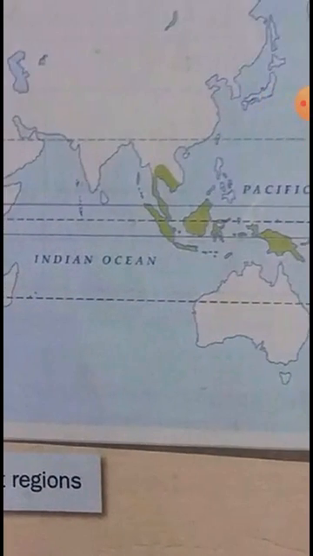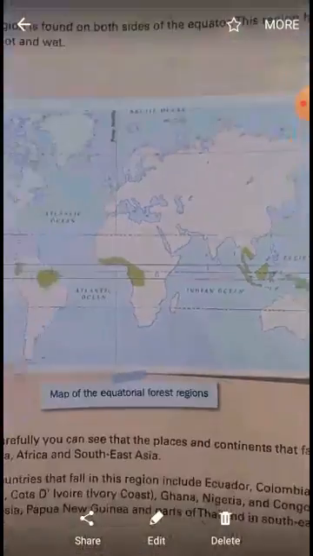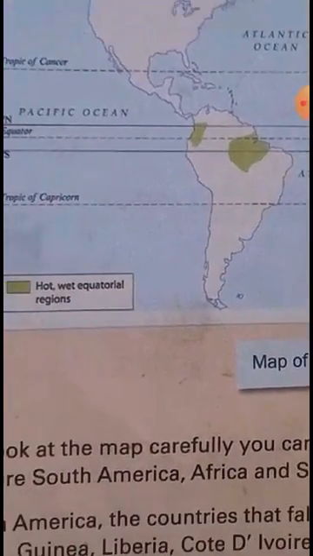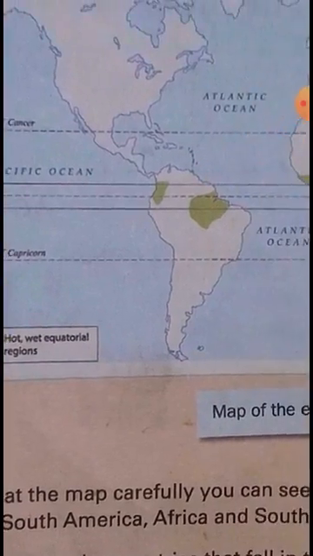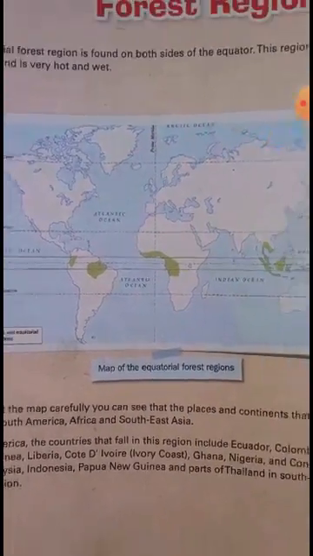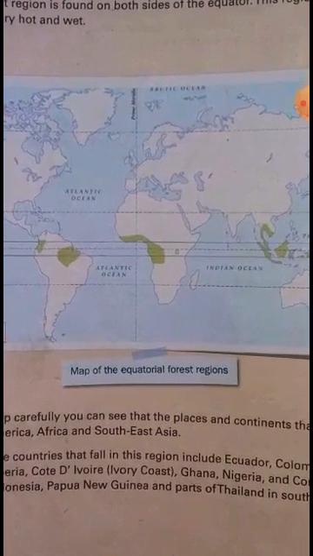These light green color portions are hot wet equatorial regions. These green color portions are equatorial forest regions.